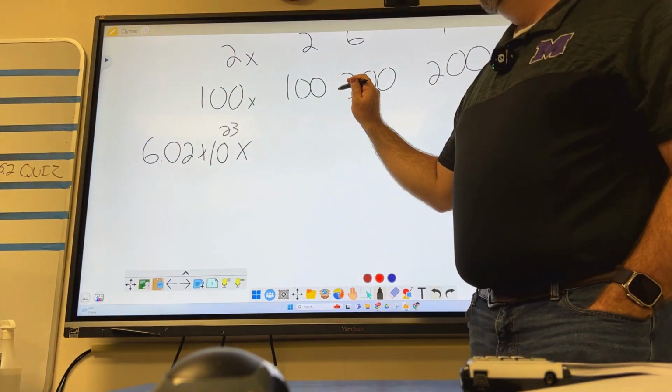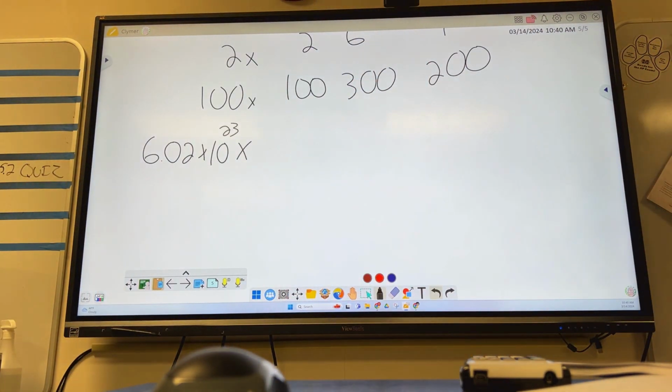How many nitrogen molecules would I need to run this that many times? 6.02 times 10 to the 23rd. Now, I don't want to write that over and over and over because awful. What way could I shorten that number?